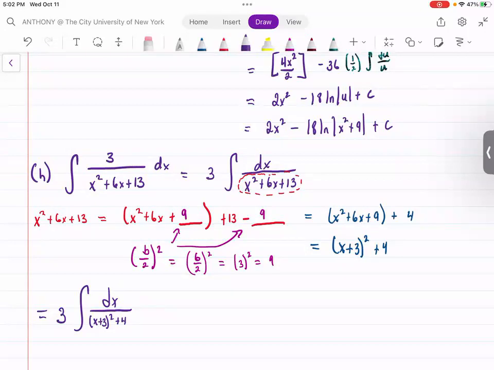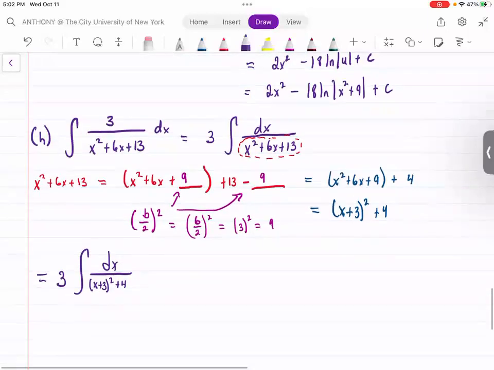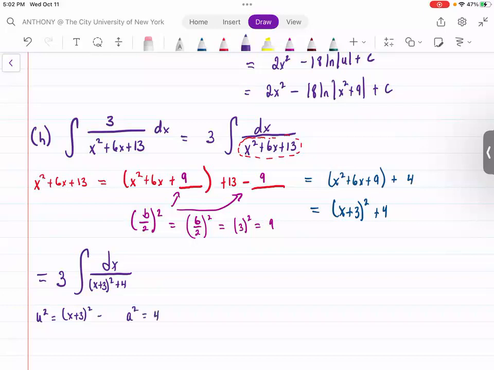What do you think I'm going to use? You use the arctangent rule, right? If I want to apply the arctangent rule, what's my u squared? x plus 3 squared. And what's my a squared? 4. So u is simply x plus 3, and a is equal to 2.